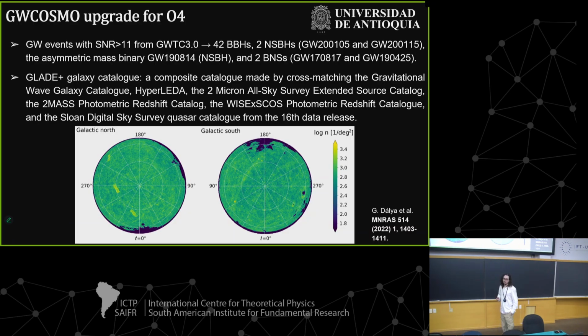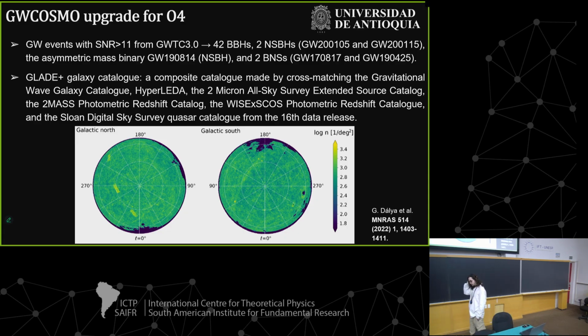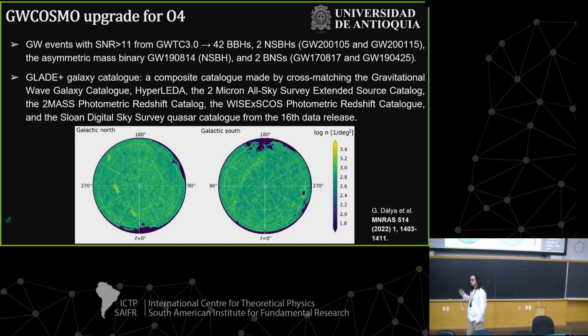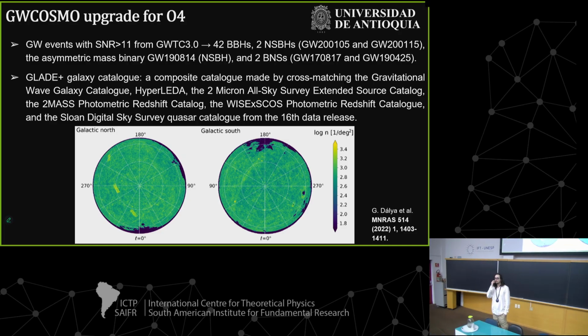Now, in these preparations for O4, there were some analyses performed on O3 events in order to check that these upgrades were consistent with other analyses that also perform joint estimation of cosmological and population parameters.